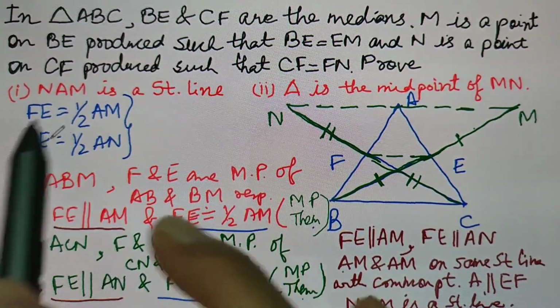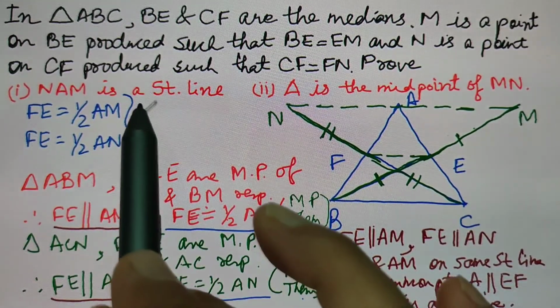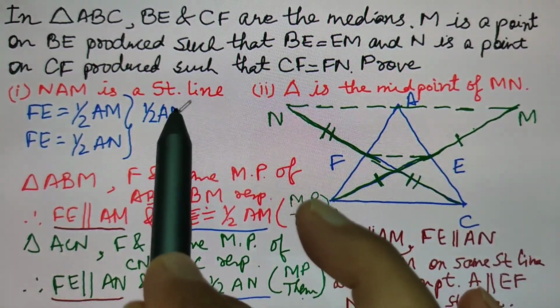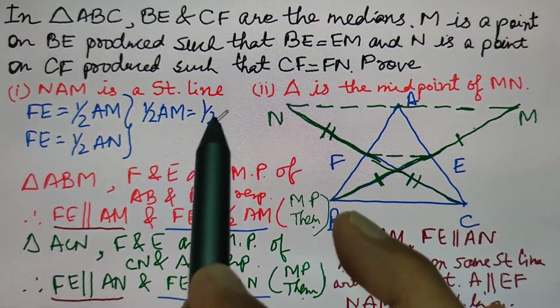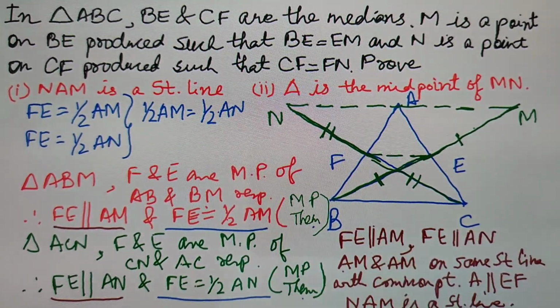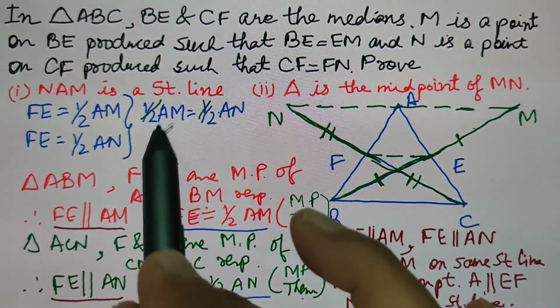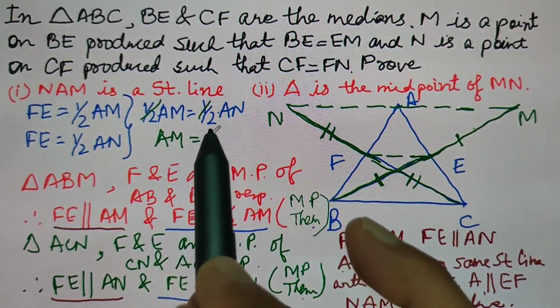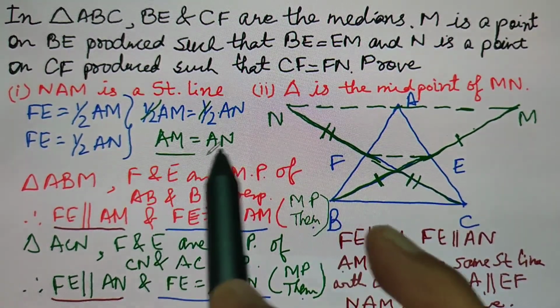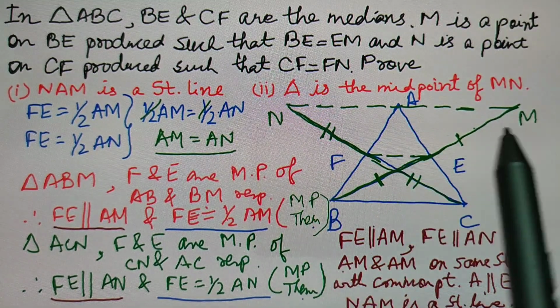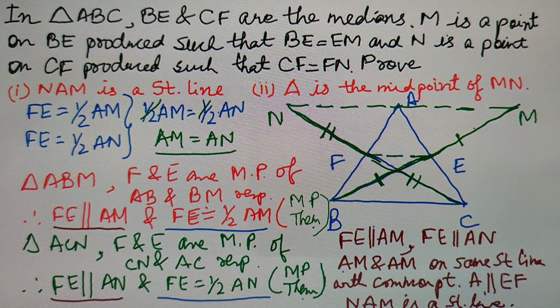Now what can we derive from there? Where FE and FE are common, half of AM is equal to half of AN. Now half and half get cancelled. I get AM equal to AN. Now from this we can conclude that A is the midpoint of MN. So this concludes our question.